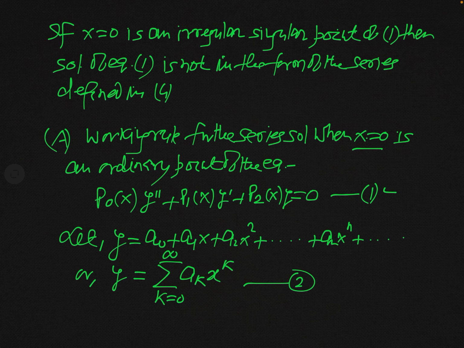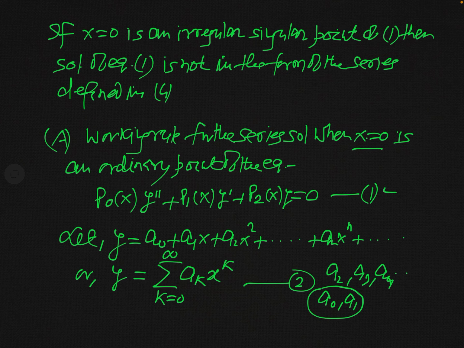But in this solution you do not know the coefficients a naught, a1, a2, and so on. As it is a second order differential equation, there must be two arbitrary constants in this solution. So our aim will be to find the coefficients like a2, a3, a4, and so on in terms of a naught and a1.